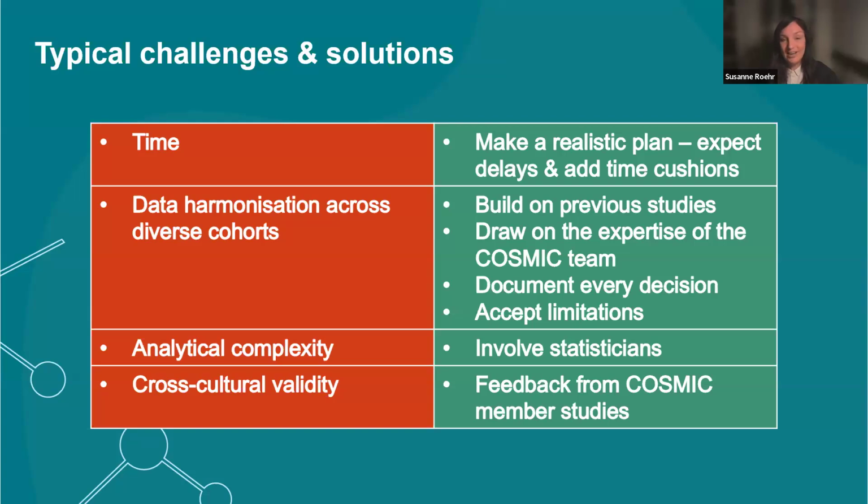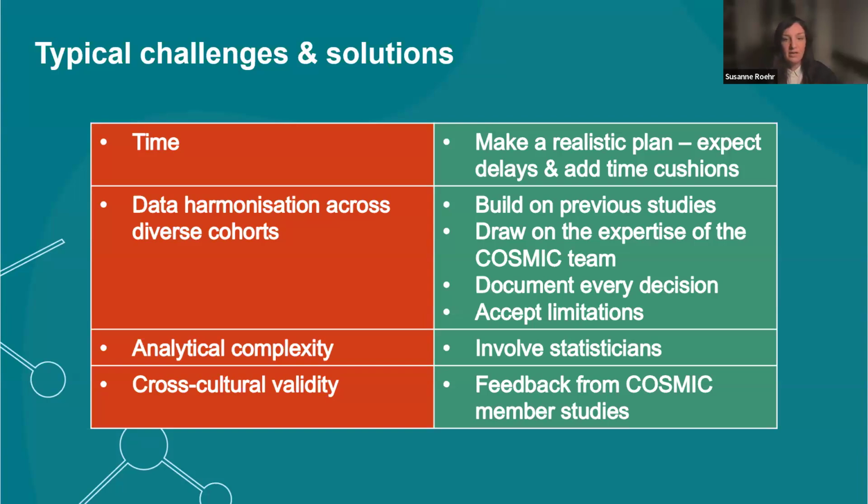First of all, time is often underestimated, like the time it takes to conduct a COSMIC study. The harmonization, coordination across sites, and the iterative feedback loops, all of this takes time. I certainly underestimated the time when I did a COSMIC study, so it's really important to build in cushions and plan realistically. Expect delays.